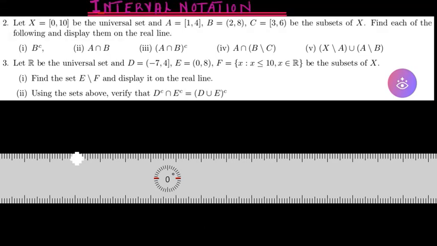In this case, they're saying let x equal to that interval, and we're told that is the universe set, where we have this particular set A, set B, set C, then we're being told those are the subsets of x. So I'm going to draw the real line. So this is going to be my real line.